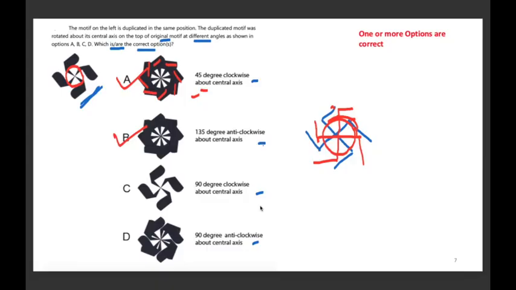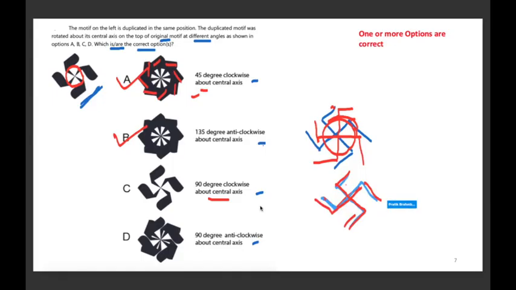Next, 90-degree clockwise about central axis. So here the original position is given like this. And on top of that, we are rotating the figure by 90 degree. When you rotate this figure 90 degree clockwise, this part will come here like this, and this part will actually come here like this.